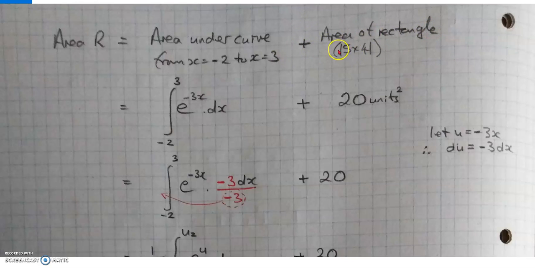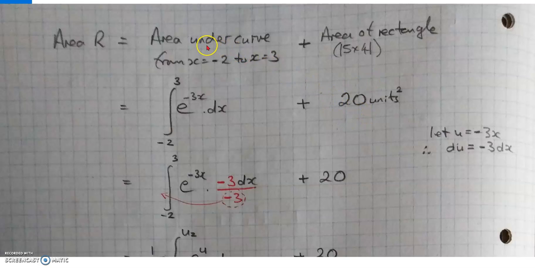Well, the area of the rectangle, if you look at it, is 5 along the horizontal, and it's 4 units down. Now, because it's below the x-axis, it would normally be counted as a negative area. So I am going to put these little lines there and there because I want the absolute value. I want the positive value, in other words. So that rectangle is going to be 20 square units added on.